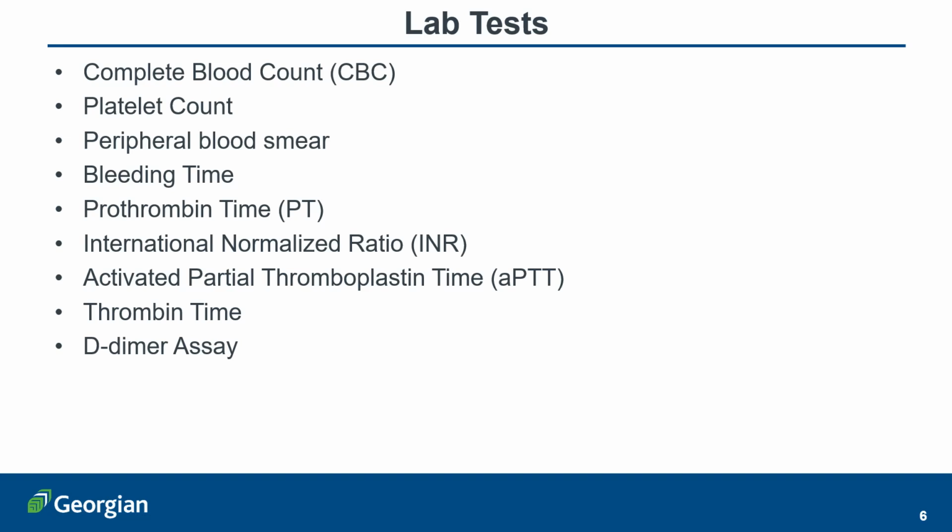Same thing with the thrombin time, that's used to assess for the coagulation pathway, specifically the role of thrombin in the coagulation pathway. And the D-dimer assay is used to diagnose DIC, or disseminated intravascular coagulation, which we'll be examining later on.